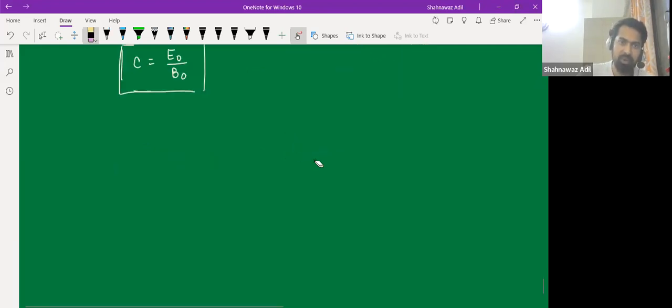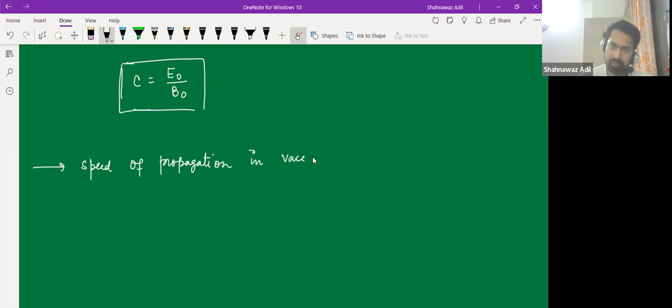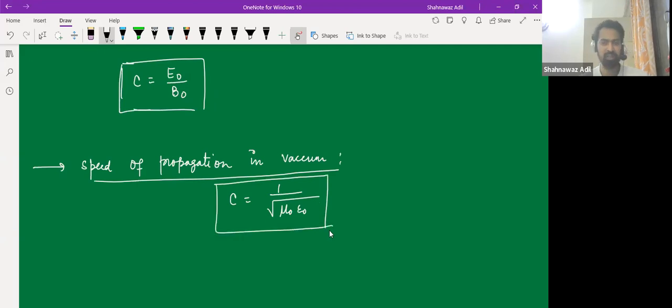So the speed of propagation in vacuum is 1 by root of mu naught and epsilon naught. This we have learned, right? We saw this in some earlier chapter, right, guys?